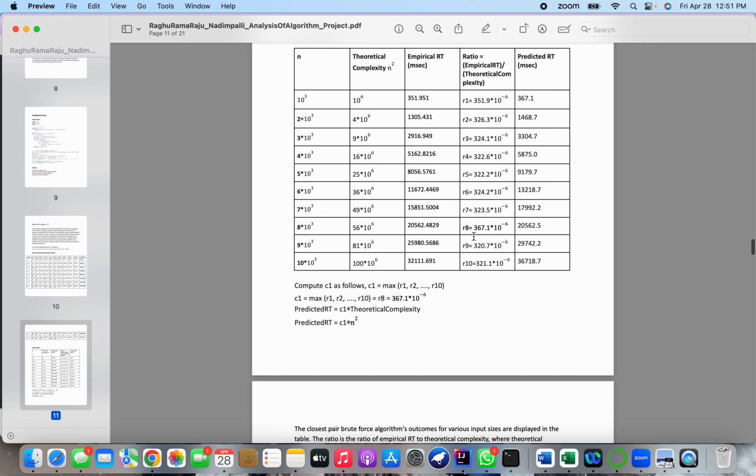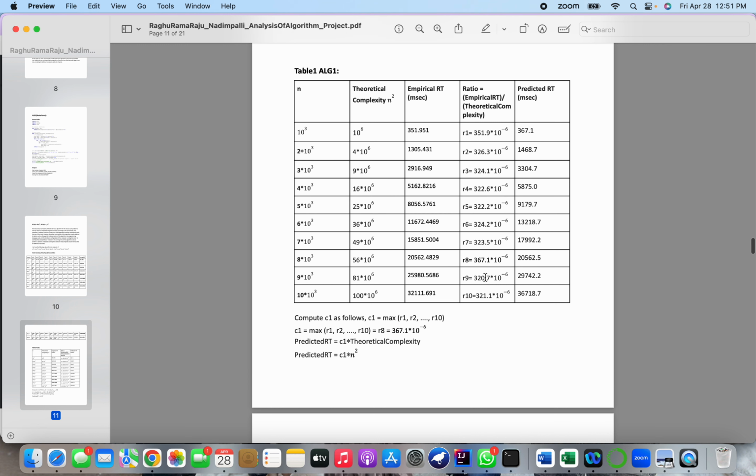So C1 will be 367.1 into 10 power minus 6, and using this we compute the predicted RT. Predicted RT equals C1 into the theoretical complexity.